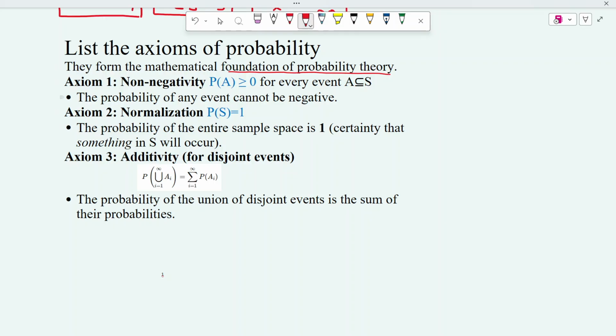The first axiom is called non-negativity. That means probability of A is greater than or equal to 0.